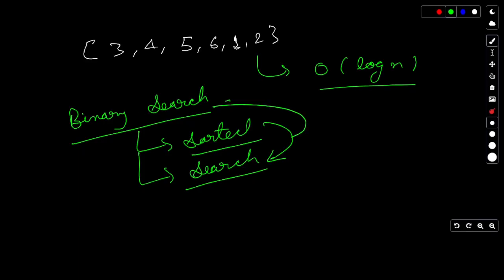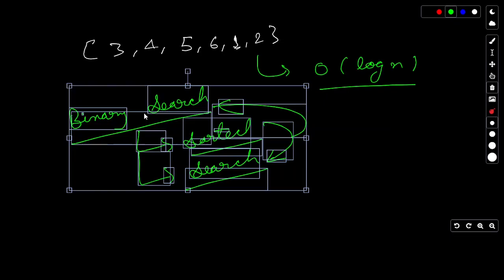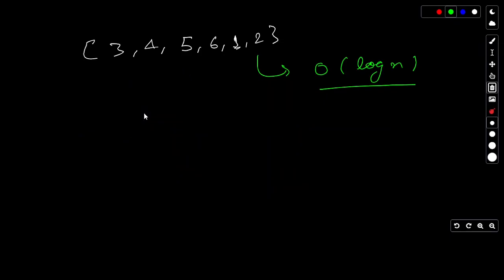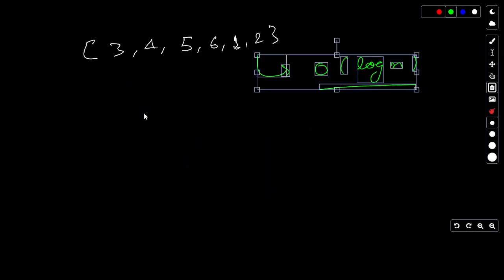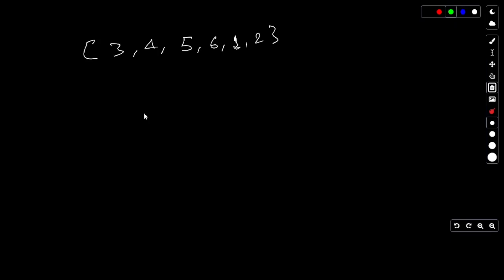It's clearly binary search. Now since we already know how binary search basically works, we need to find how we can find the minimum element through binary search within this rotated sorted array.